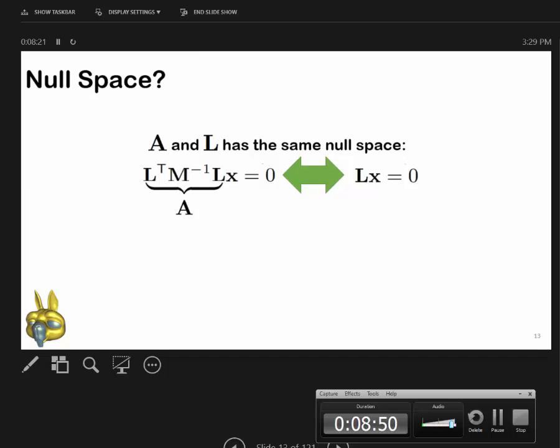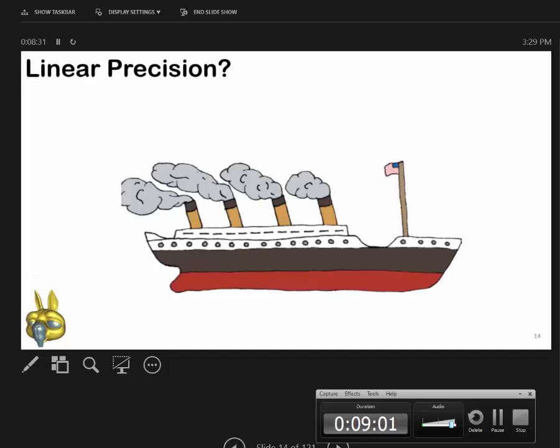So let's find out why. First, we notice that the matrix A and the Laplacian matrix L have the same null space, so we can just focus on the Laplacian matrix L. To trace where the issue is, let's do a simple experiment. We have this nest shape, which is a 2D domain with an irregular boundary.